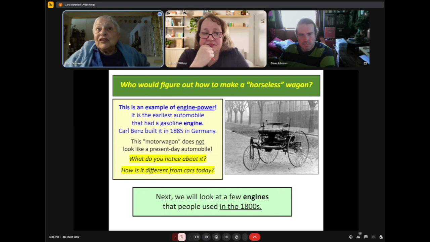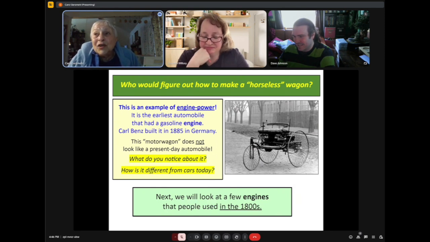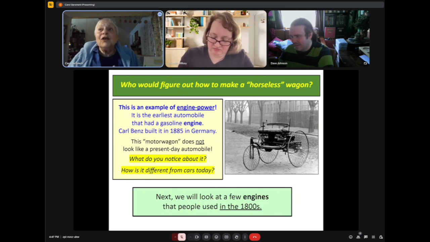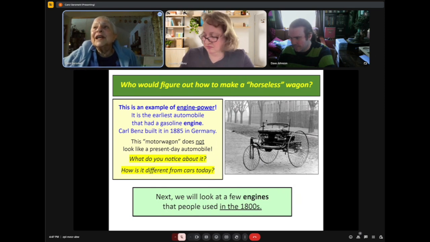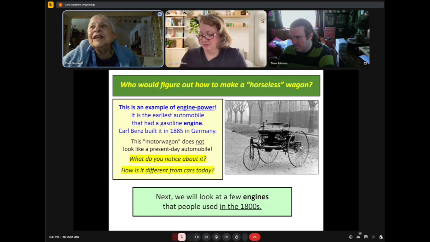Mr. Benz in Germany made, does this look like an automobile? What he did is he took a gasoline engine and he connected it so the power of the engine would make the back wheels turn. And I don't know if you can see, but doesn't that look like a bicycle chain?